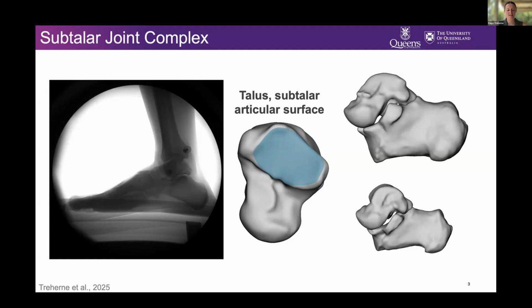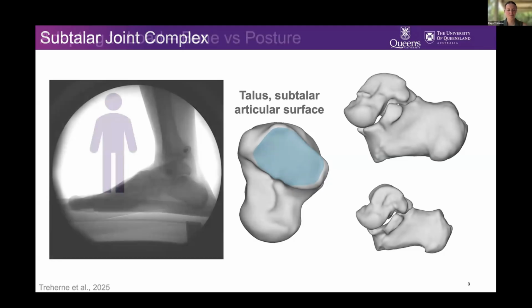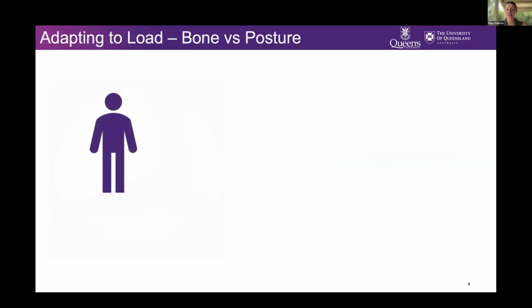But overall, we can say that a larger subtalar joint is not simply a scaled-up, smaller subtalar joint. However, it's currently unclear how the ankle joint and the subtalar joint respond as humans alter their mass or external loading. We know that bones can change shape over time in response to loading, but we also know that humans can change shape quite quickly, and in some cases quicker than bone remodeling can occur.